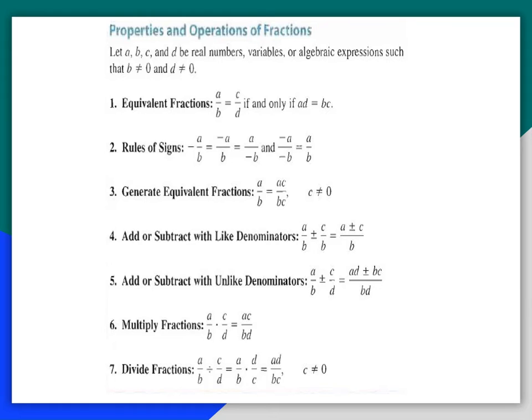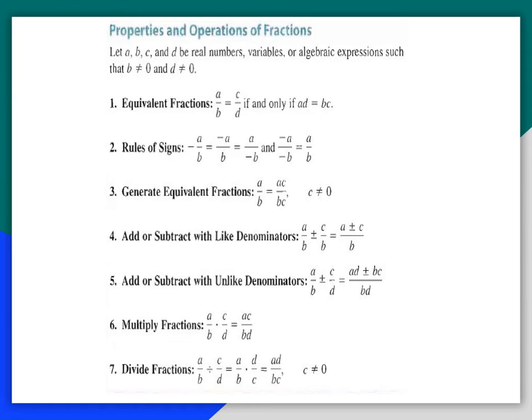Number 2, rules of signs. This is discussing your placement of negative symbols. So if we put the negative out in front of our fraction, it's the same as having a negative over a positive or a positive over a negative.